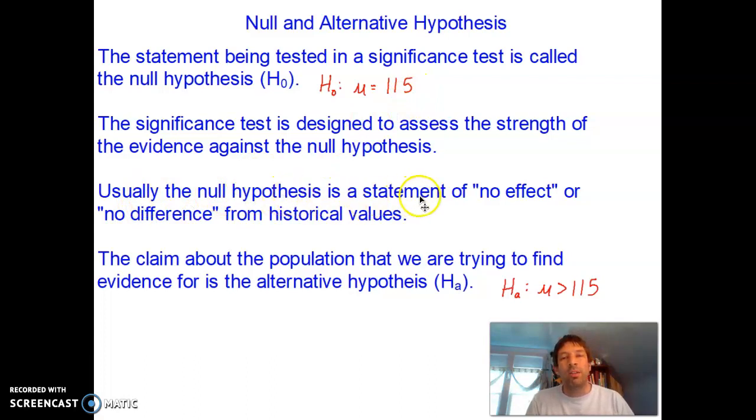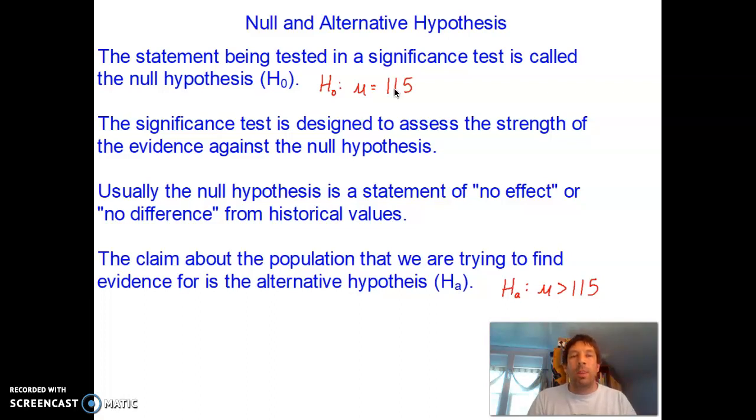Usually the null hypothesis is a statement of no effect or no difference from historical values. So the 115 is maybe what we read about the IQ score being 10 years ago, and we're assuming that it's not any different than it was before. A lot of times mu might equal 0 because you're assuming no change in things.